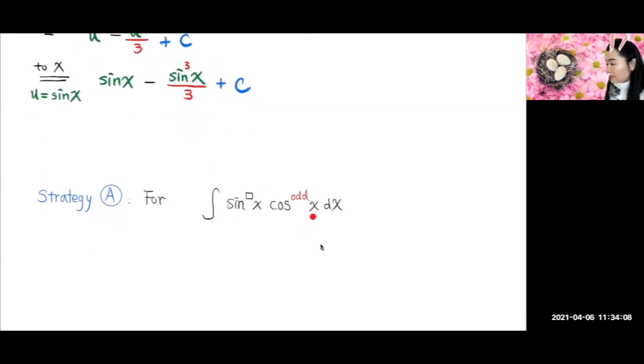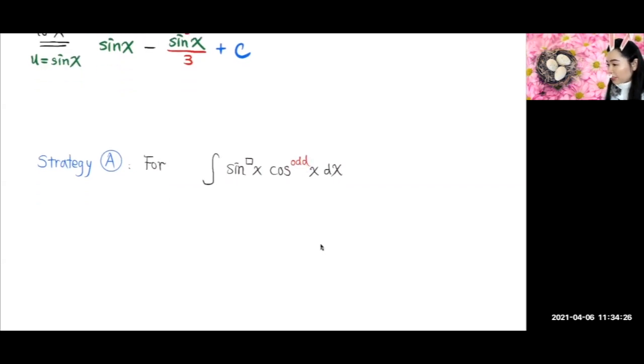For this type of integral, when the integral is sine x cosine x, with the exponents on sine or cosine being integers, and when the exponent on cosine is odd, you can think of it as 2n plus 1. What do we do? We save one cosine x together with dx. So then the remaining exponent on cosine will be even, okay?